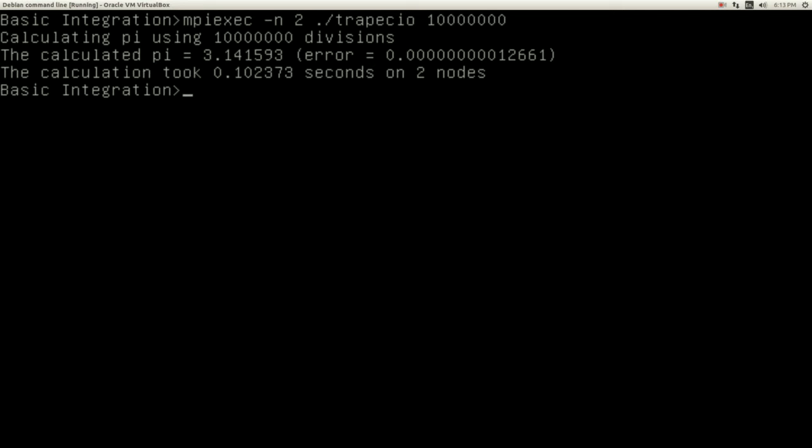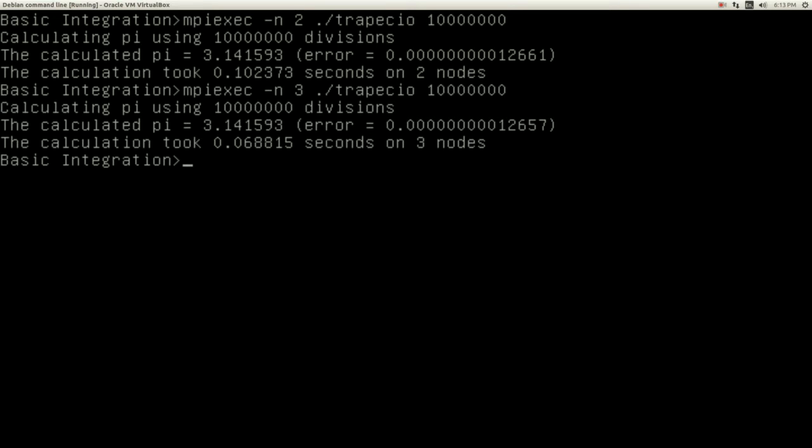Check with 2 processors. The time is about 1 second, and the value of pi. We're going to test with 3 processors to see the difference in time. We see that it's less, not much less, but it's less time.